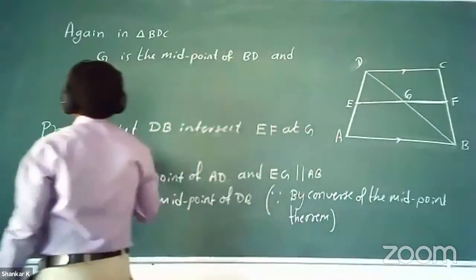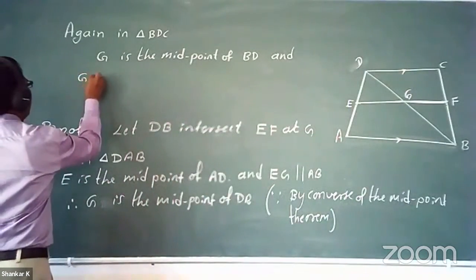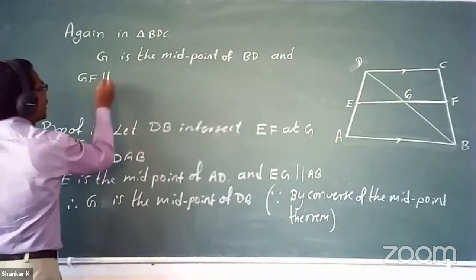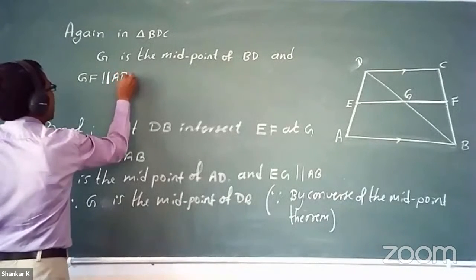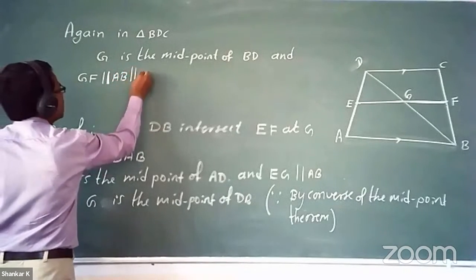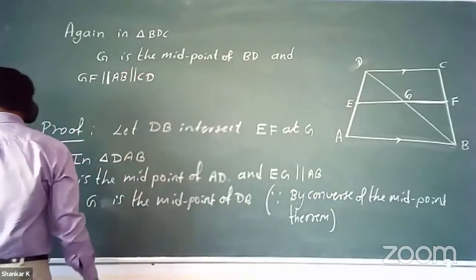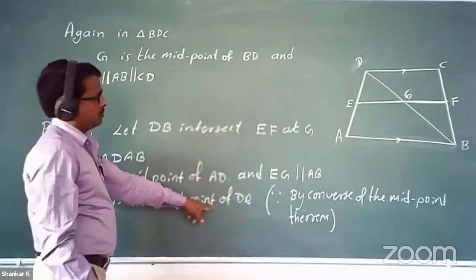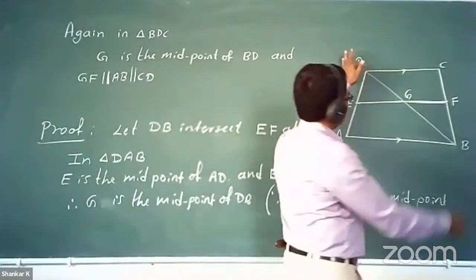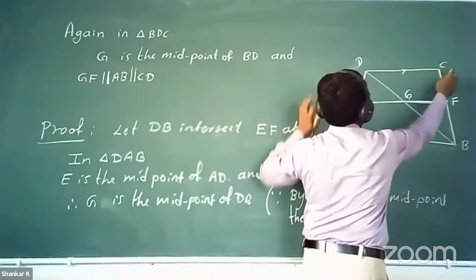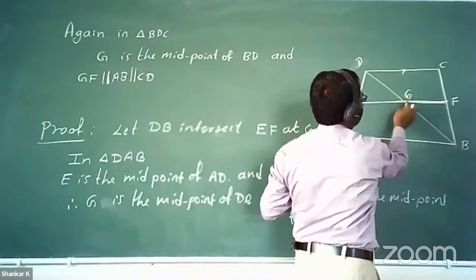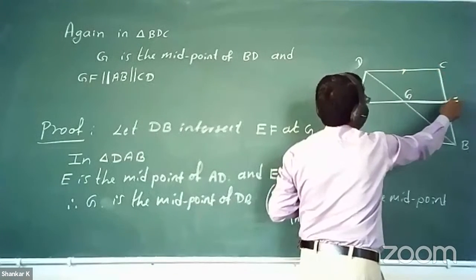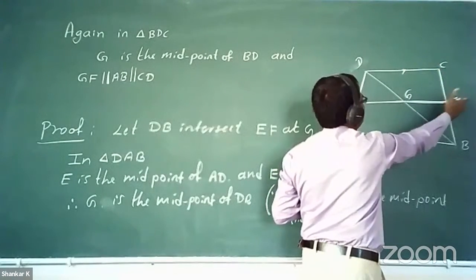All are parallel, so all three are parallel. Therefore, by the same theorem in triangle BDC, G is the midpoint of BD and GF is parallel to CD, so F is the midpoint.